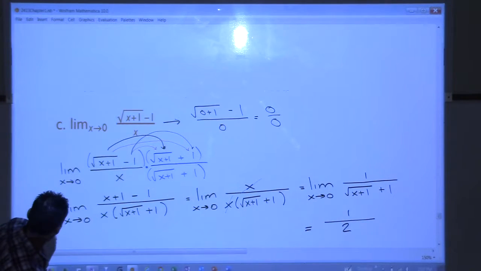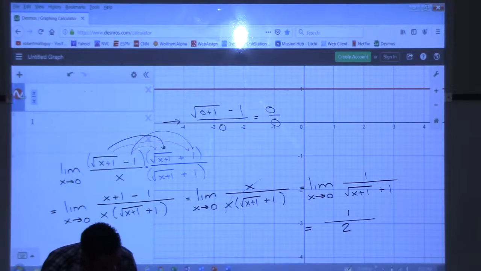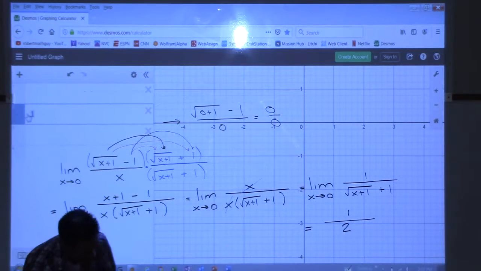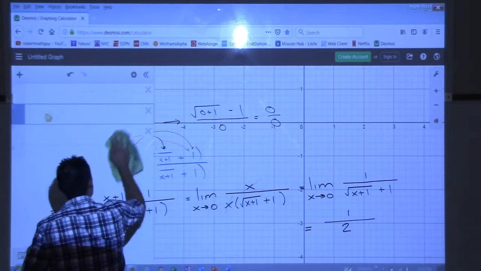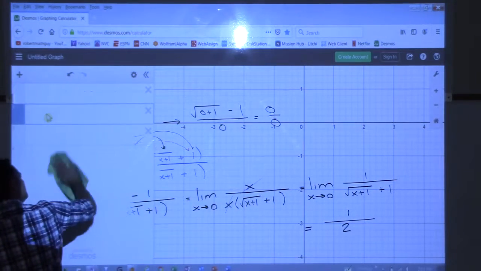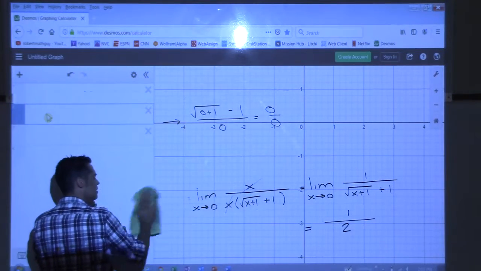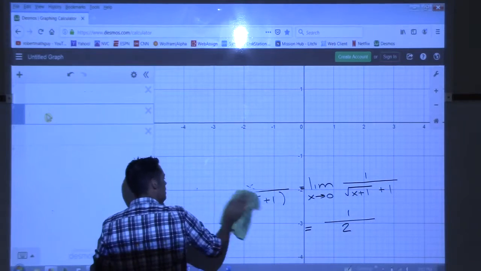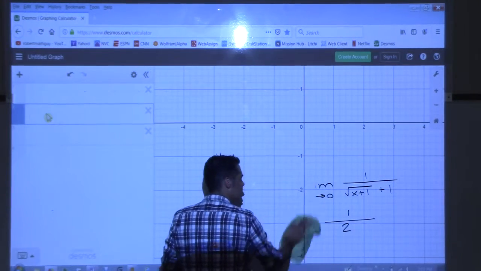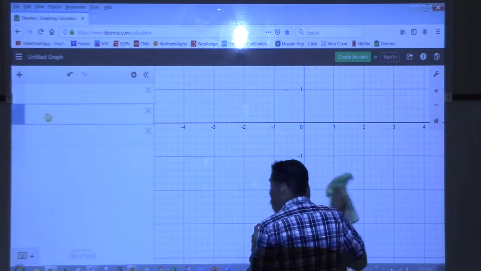Let's verify this with the graph of that. So when I type in this function, what is it that I should be verifying? When I look at the graph, I should be seeing what? Yeah, as I look at the function at x equals 0, it should look like from the left and from the right, my function should be approaching 1/2.